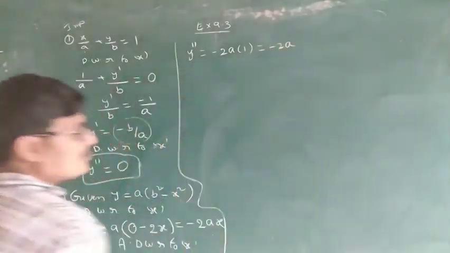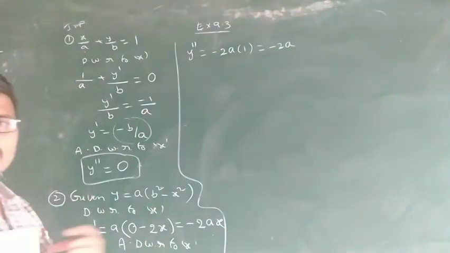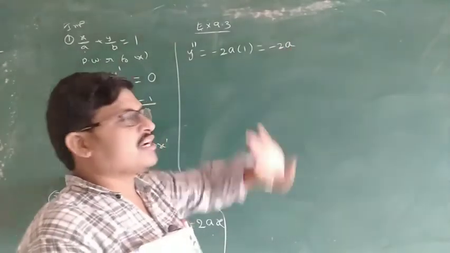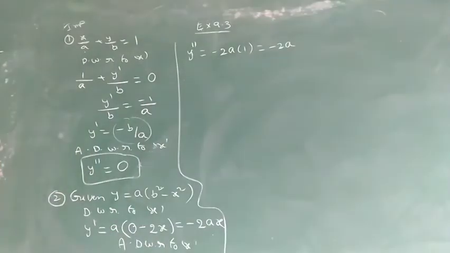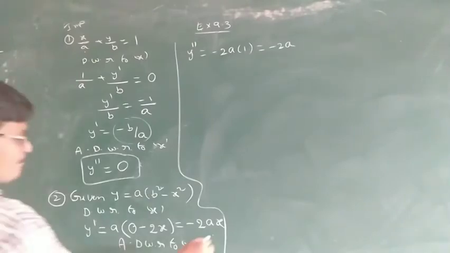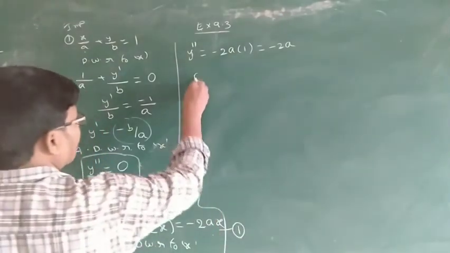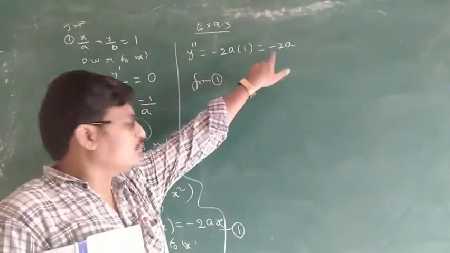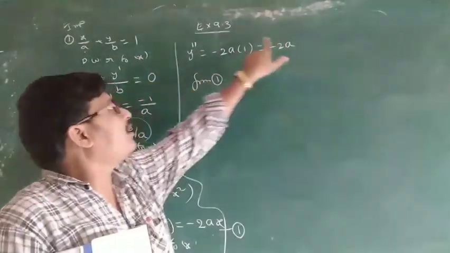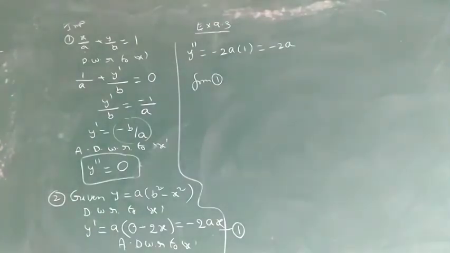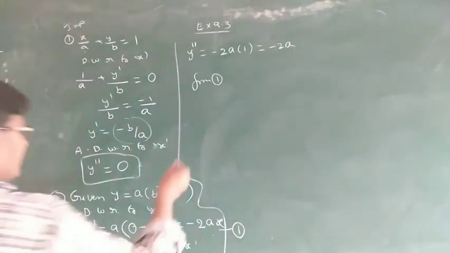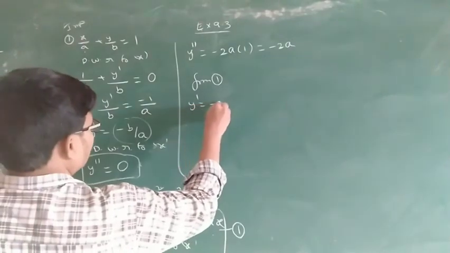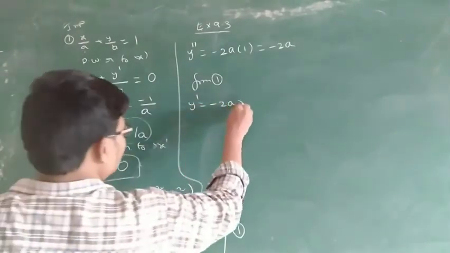So y double dash is equal to what? Without arbitrary constants, free from arbitrary constants. Here a is an arbitrary constant, so remove the arbitrary constant. How to remove? This is equation number 1: y dash is equal to minus 2a into x.